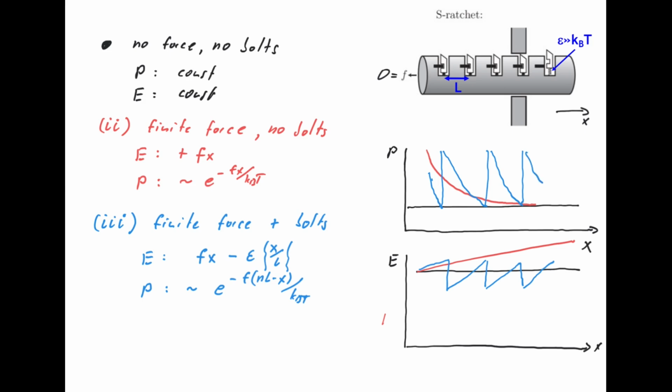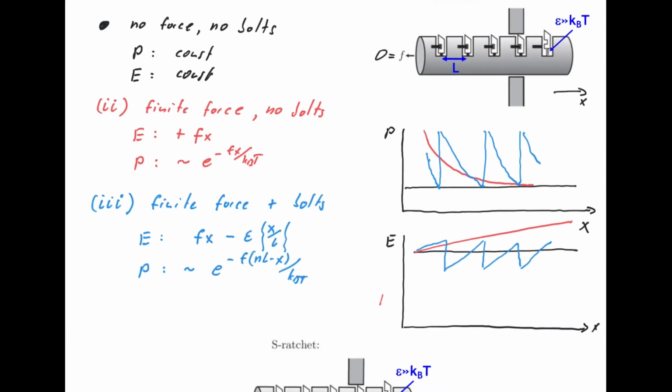So then we have the fully fledged model of this ratchet. We discussed the energy landscape, which is a sawtooth-like energy landscape. Between two pawls, it's governed by the work done by the motor, and when it jumps beyond one of the pawls, the energy of the spring is released, and we have a jump of the energy downward.